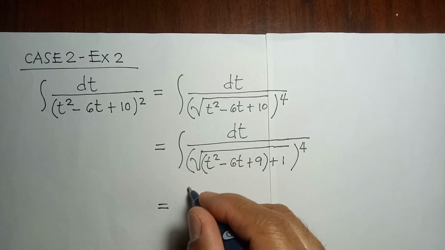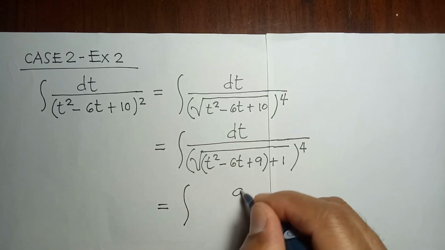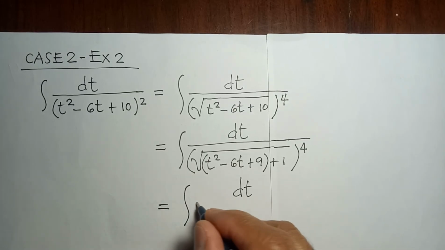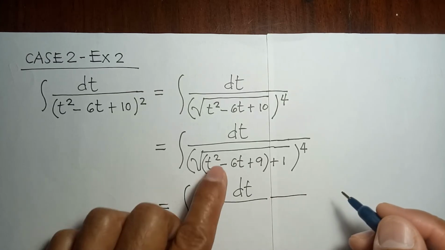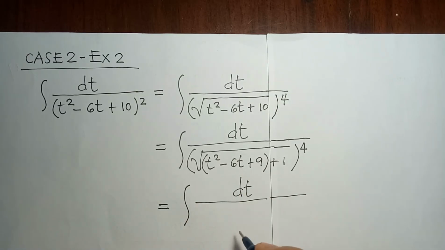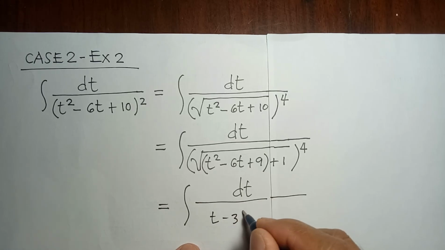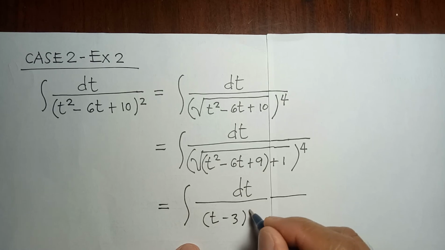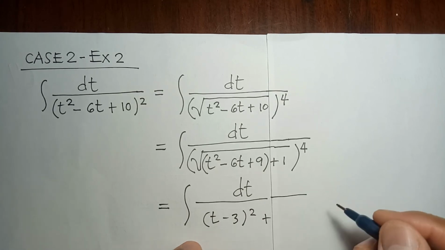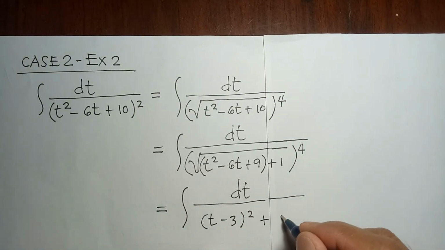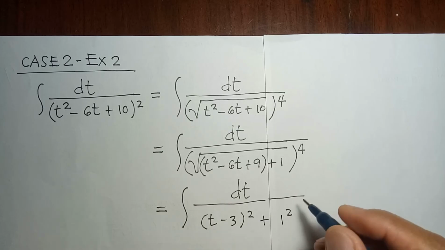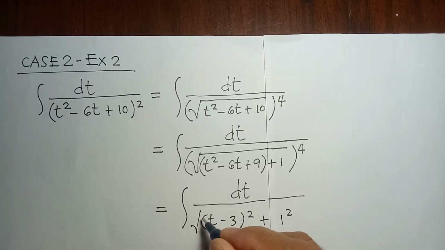At may factor siya na kakaroon tayo ng integral of dt divided by. So, ang factor nito ngayon ay t minus 3 quantity squared. At yung 1, equal din siya sa 1 squared. So, nasa loob siya ng square root.